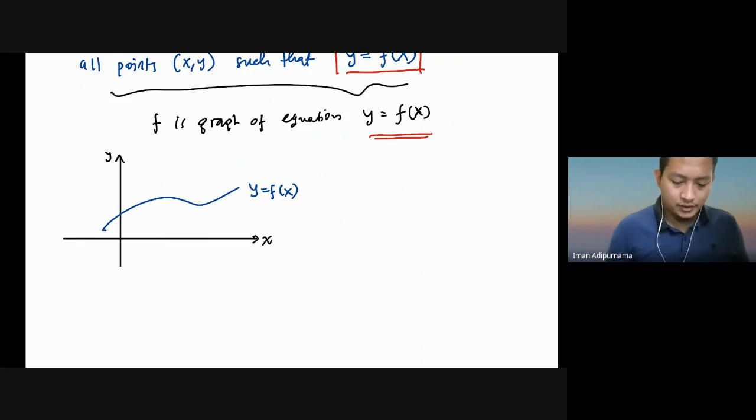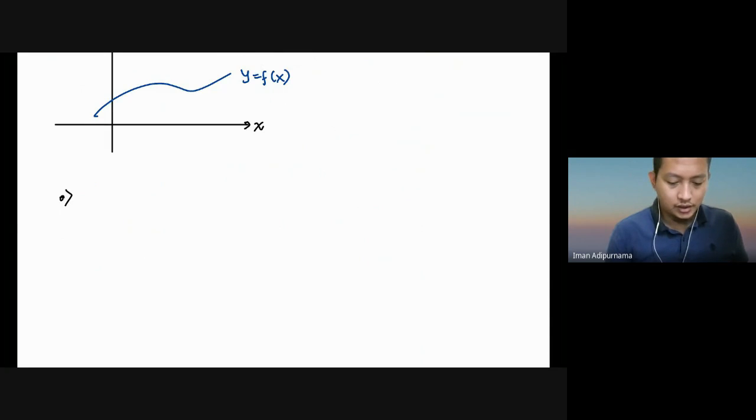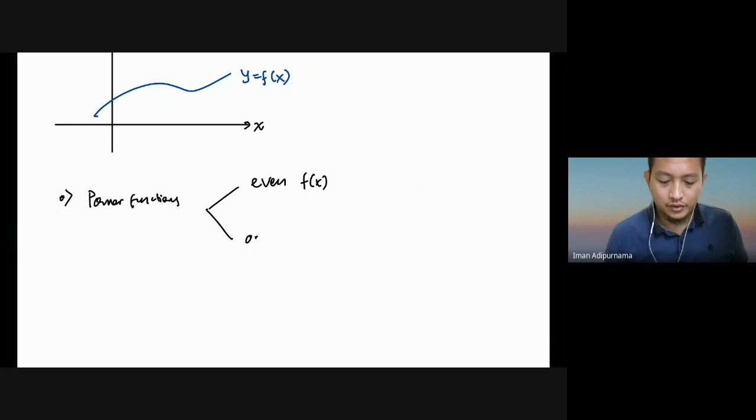I think several points here, like power functions, you're already familiar with. To begin with, we have the even function and the odd function.